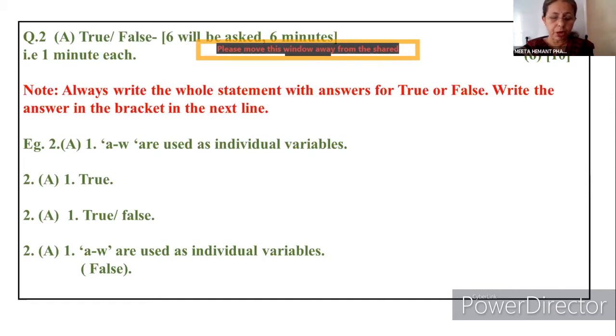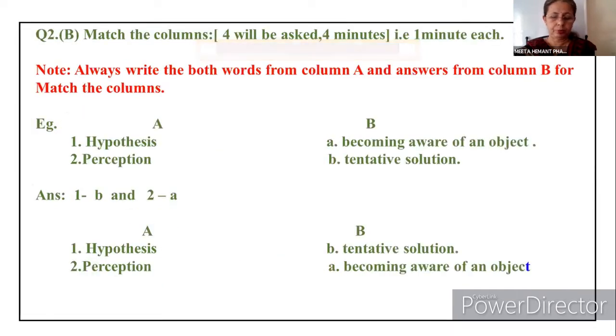The method of writing here is write the whole statement with the answer in the next line in the bracket. The answer is false. So you will be writing it in the bracket in the next line. This is the way you're supposed to write the answers. So this is the correct way of writing the true or false.